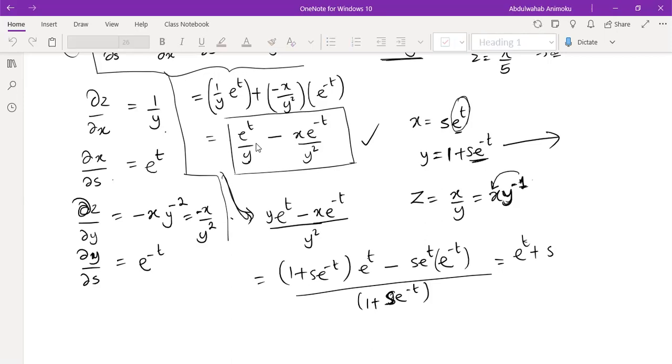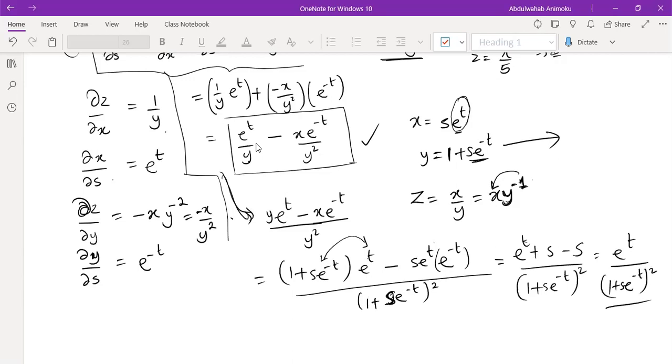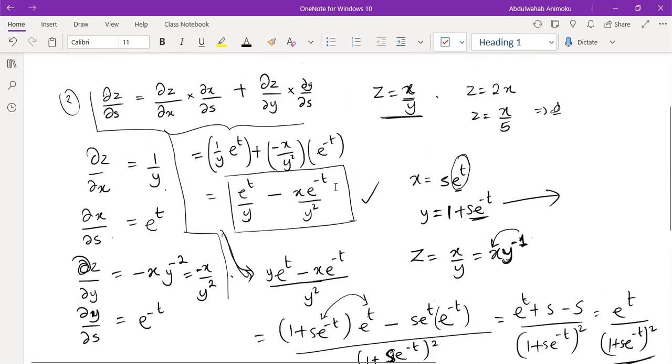So we just have this multiplied by e raised to power t. This term s e raised to power minus t times e raised to power t is just s. And on the other side too, this will also be minus s, all over 1 plus s e raised to power minus t. Don't forget the square. And this will just give us e raised to power t over 1 plus s e raised to power minus t, squared, right? So if you simplify in terms of s and t, this should be your final answer. If you like, you can do it this way. But I think this first one is also okay in terms of x, y, t, s, whatever you have.